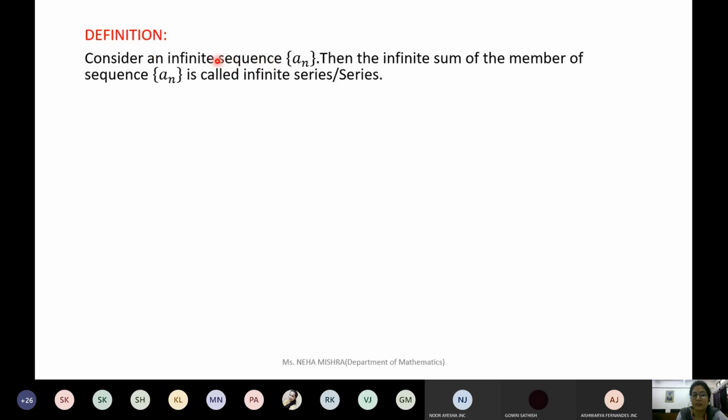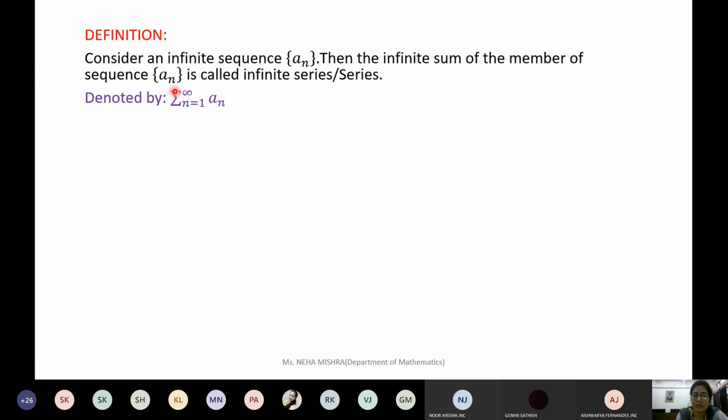So consider an infinite sequence {an}, then the infinite sum of the members of the sequence is called infinite series. If we add all the members of an infinite sequence, then we get an infinite series.